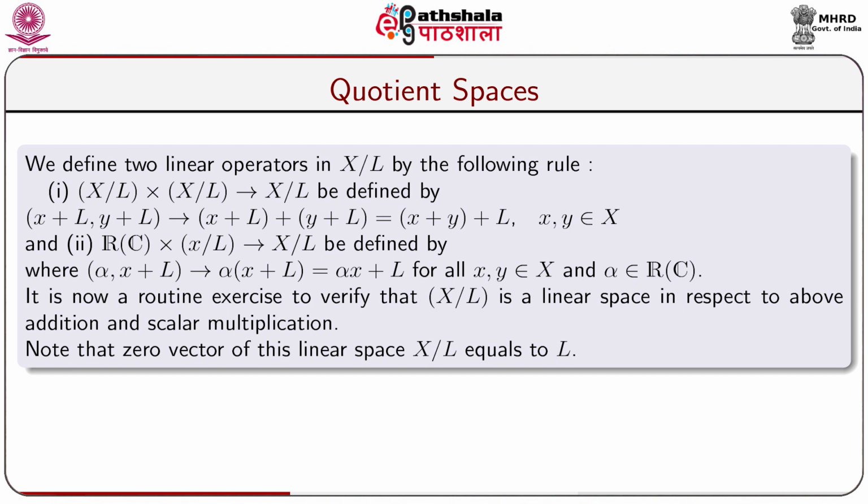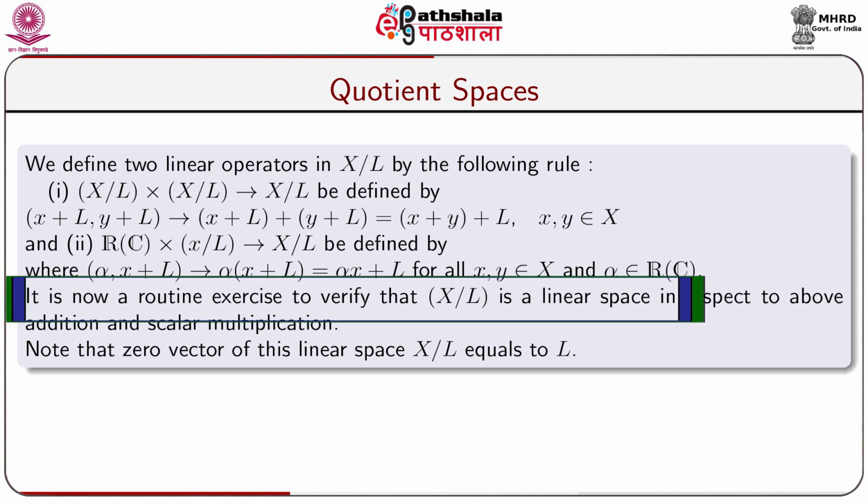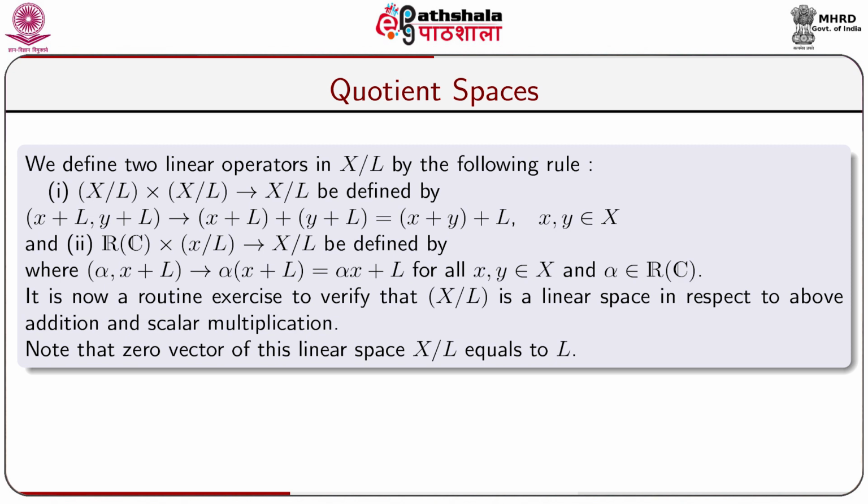Thus, what we see, that means number 1, X by L cross X by L to X by L is a mapping which is defined by pairwise elements x plus L, y plus L goes to x plus L plus y plus L, which is again equal to x plus y plus L. And we can also define a mapping R or C cross X by L to X by L defined by alpha, x plus L goes to alpha x plus L. So, it is now a routine exercise to verify that X by L is a linear space with respect to the above addition and scalar multiplication.